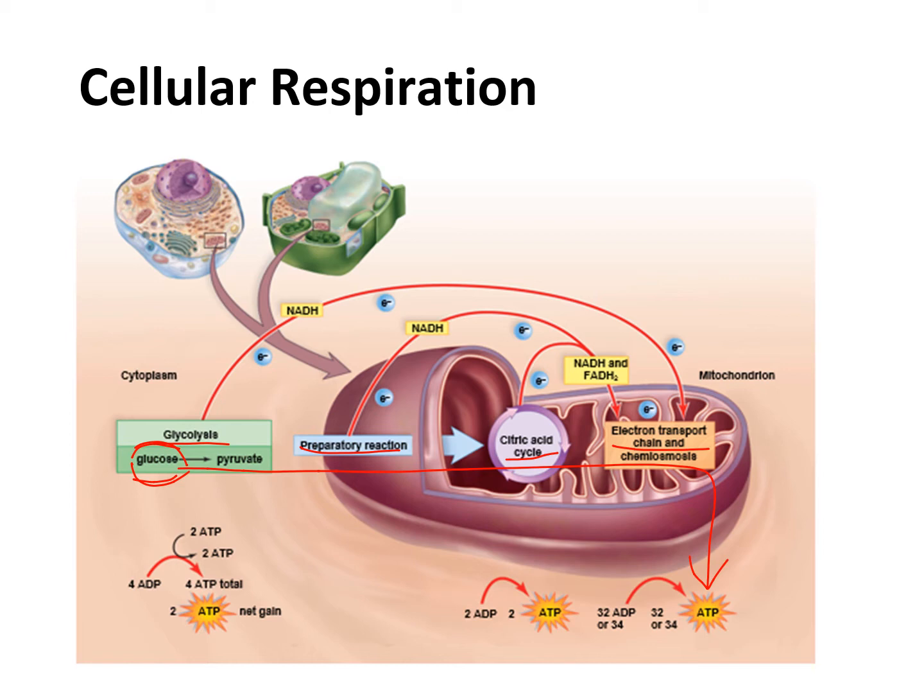As glucose is being oxidized, that energy is going to be removed, and ATP will be directly made in several of the phases, but also electron carriers are going to be generated. Those electron carriers are NADH and FADH2.